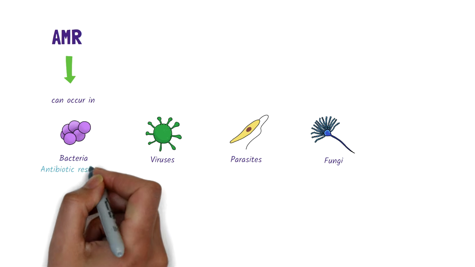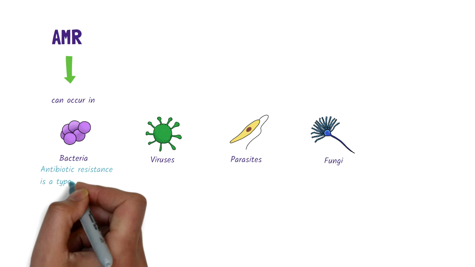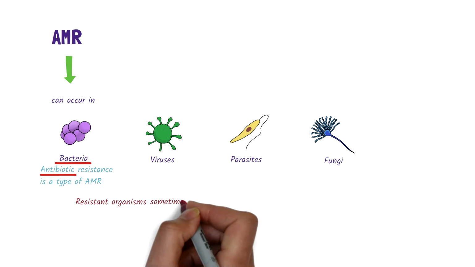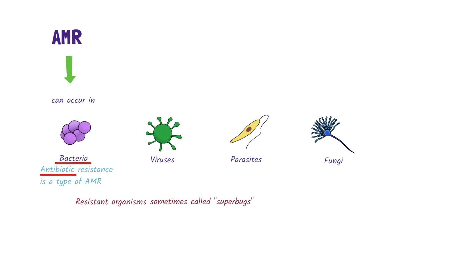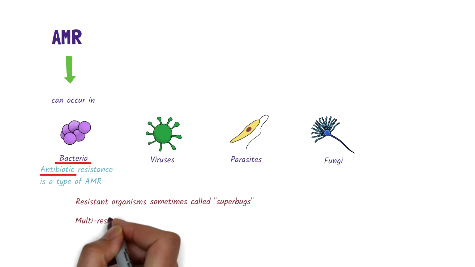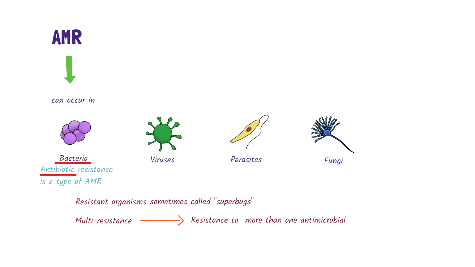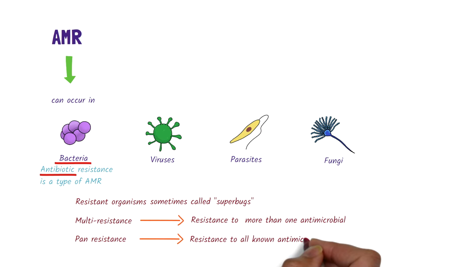Note that antibiotic resistance is a type of antimicrobial resistance that is used to describe resistance to antibiotics that are used to treat bacteria. Resistant organisms are sometimes called superbugs. Of particular concern are organisms that are multi-resistant, showing resistance to more than one antimicrobial, or those that are pan-resistant, showing resistance to all known types of antimicrobials.